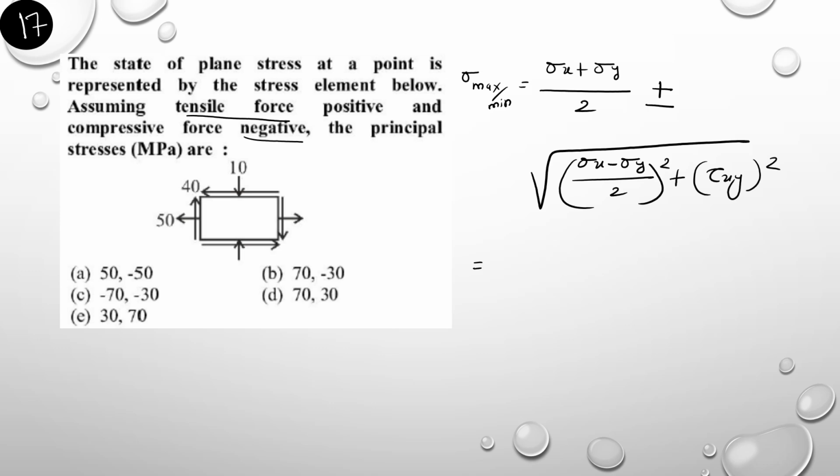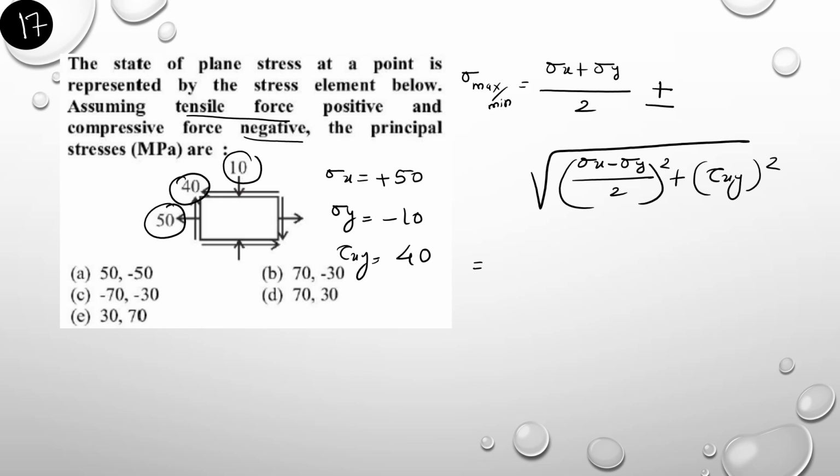So here sigma x is equal to 50, which is tensile, so plus 50. Then sigma y is compression, so take it as negative, minus 10. Then tau xy is 40.